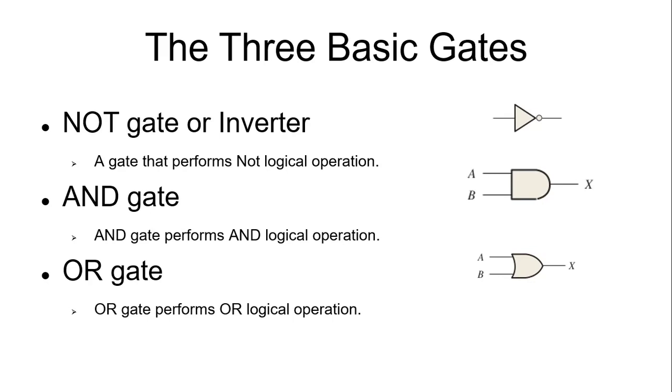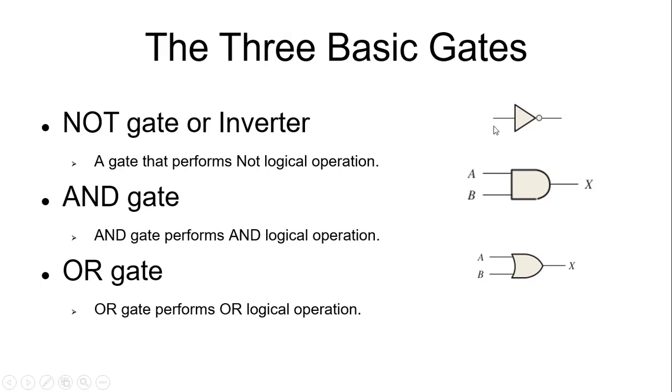We have three basic logical operations and we have three basic logic gates. We have the NOT logical operation. To perform a logical operation through a circuit, we have a NOT gate or inverter, a gate that performs the NOT logical operation.